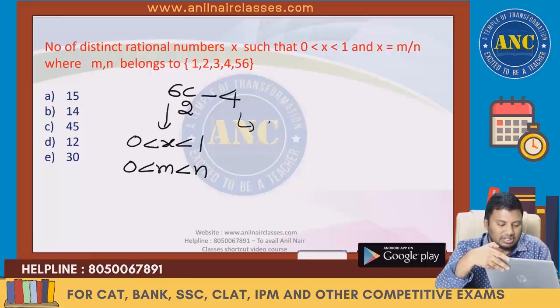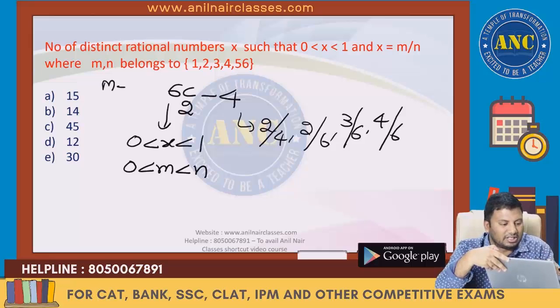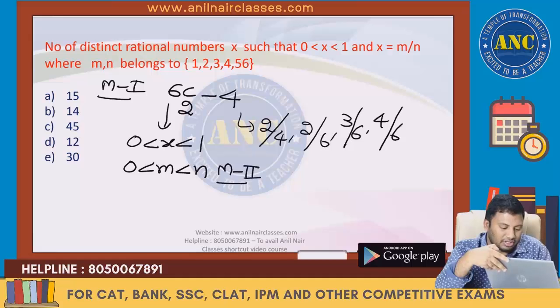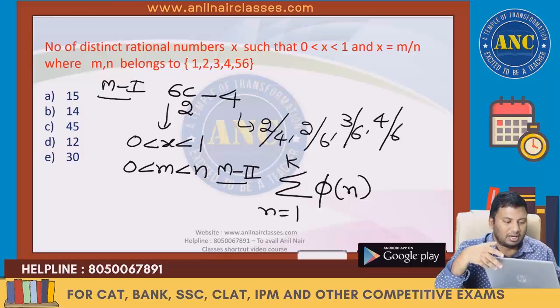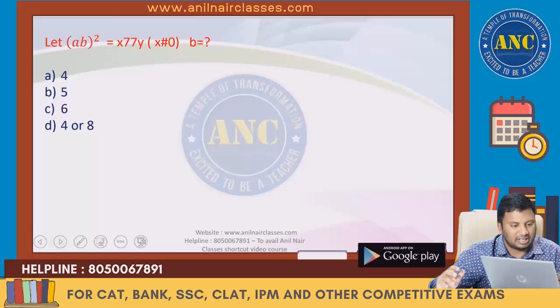These 4 duplicate values are eliminated: 2 by 4, 2 by 6, 3 by 6 and 4 by 6. This is one method which we discussed. Another method is using the totient function, the summation of totient of n from 1 to k. These are some of the questions which we discussed yesterday.